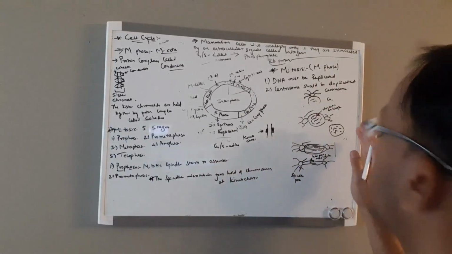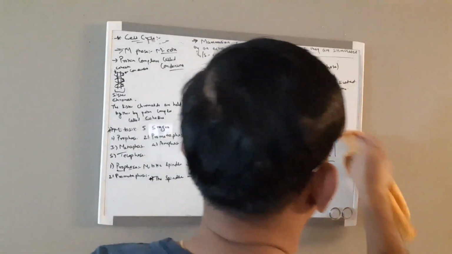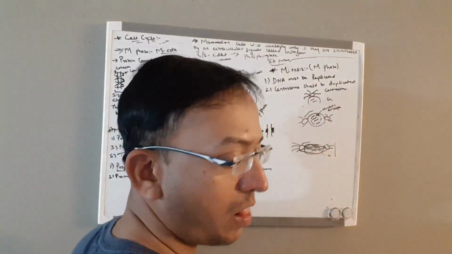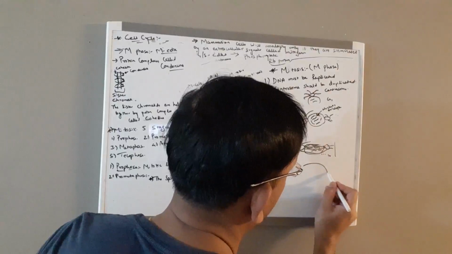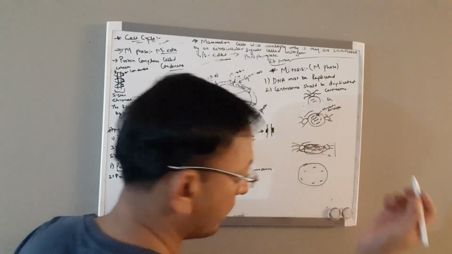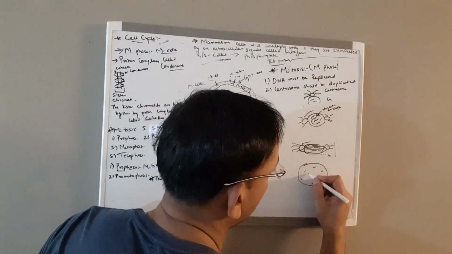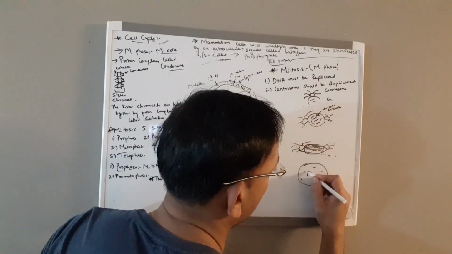So for example, I'll show you the bigger picture. So remove this here. For example, this is our nuclear envelope that has been broken down, and for example I will just draw two.